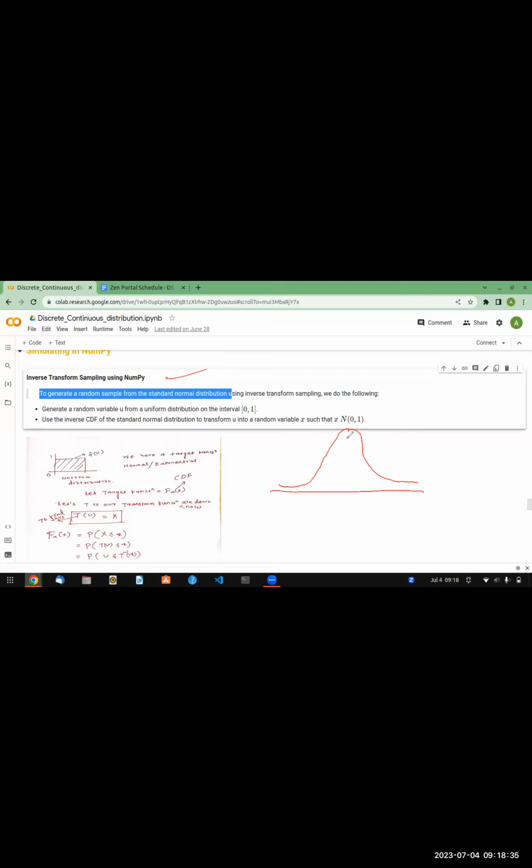Suppose this is mu, and this is your first standard deviation or whatever the value may be, and this is your x-axis and y-axis. Initially mu is at this position. When you standardize this data, for every point we subtract mu and divide by sigma. If we do that, this graph will shift here.